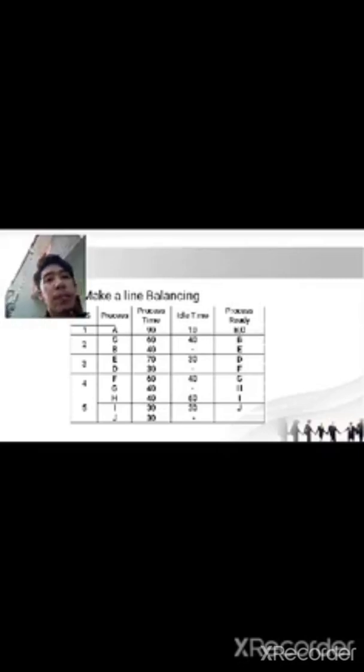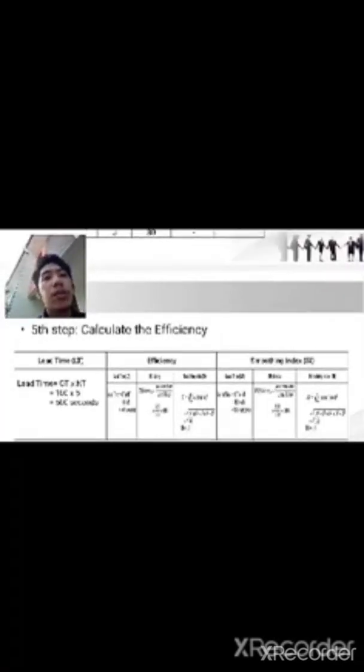Next is the fifth step, which is to calculate the efficiency. In calculating the efficiency, we have the lead time equals the cycle time times the number of workstations. The cycle time will be 100, and the number of workstations is 5, so we have 500 seconds all in all.